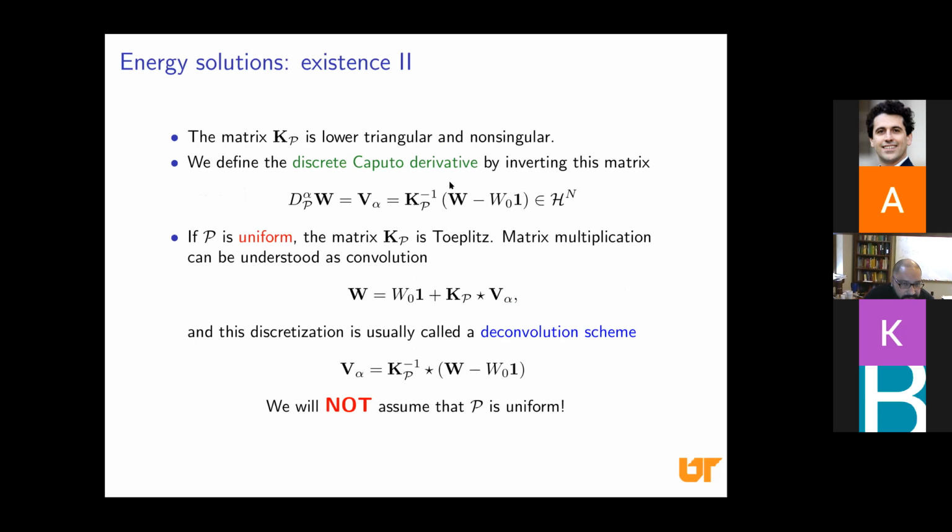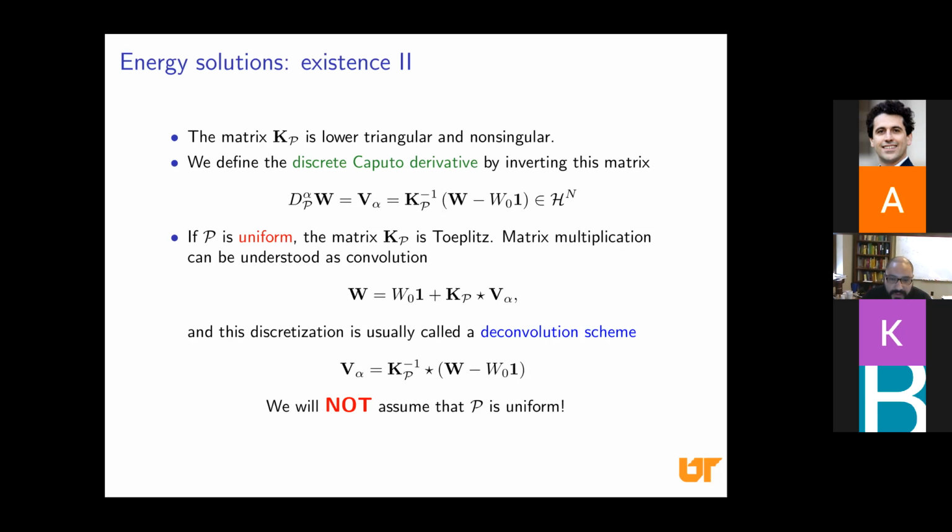So to define the discrete Caputo derivative, we are just inverting that identity that we got there. The discrete Caputo derivative of a grid function, or a collection of grid values with respect to a partition, is going to be given by this expression over here.